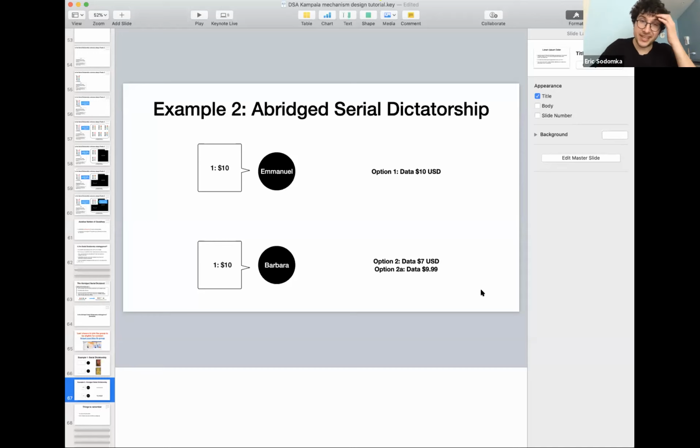Okay, so now that we've done that example, the question to you is: is the abridged serial dictatorship strategy proof? Feel free to respond in the chat. And note that people had to decide what their preferences were before they knew whether they would go first or second. So you had to state your preferences before you knew if you would be first.